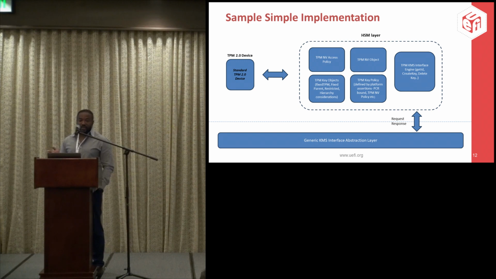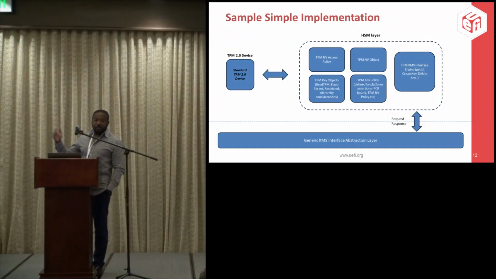You can also have an advanced attacker looking at what you're pushing in and out, whether key IDs or keys. So a good implementation has to take these into consideration.